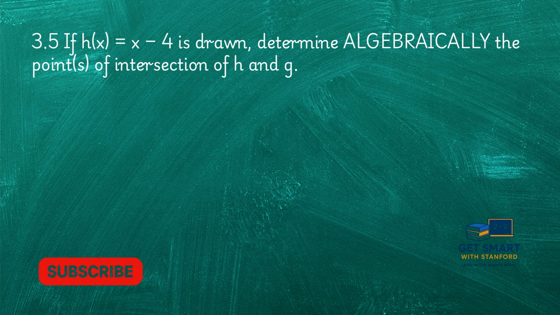3.5 says, if h of x equals x minus 4 is drawn, determine algebraically the point or points of intersection of h and g. To determine algebraically means you must find the answer using equations and algebraic manipulations, not by guessing, not by estimating or using any graphs.